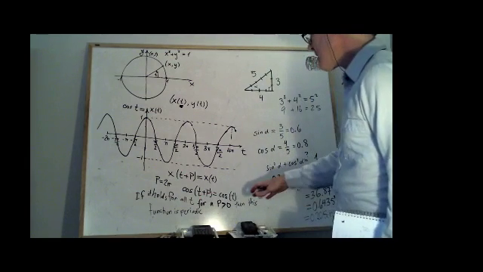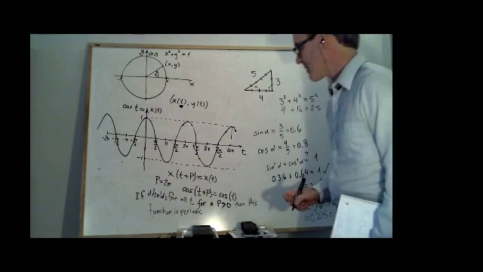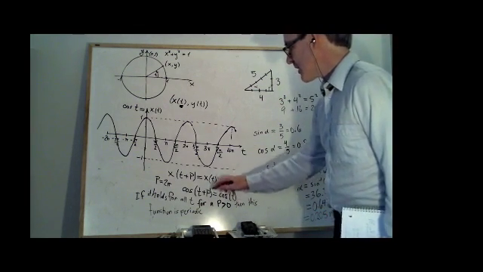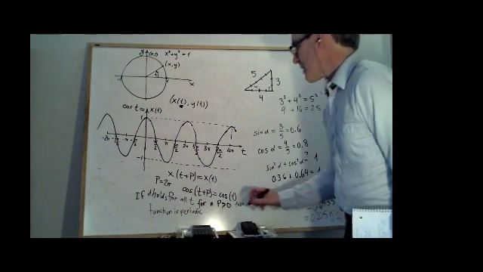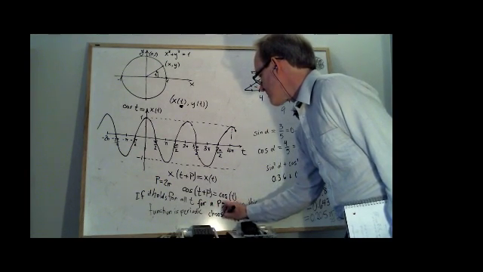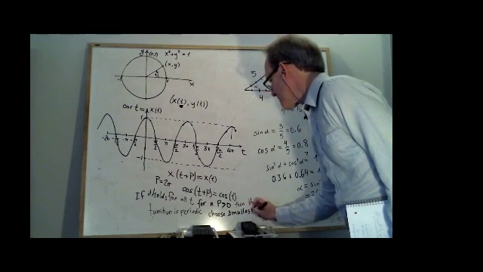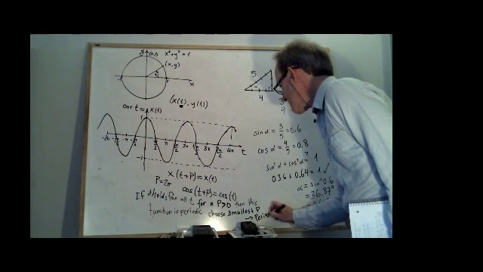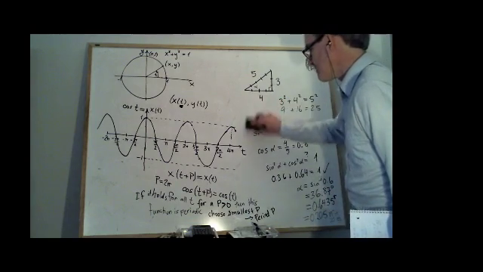Now, as long as p is the smallest possible value for which this is true for all time, one could choose 4 pi, and this will also be true for all t, or 8 pi, but choose the smallest such p. It's still positive, not 0. Then that's called the period p, the period of this periodic function.